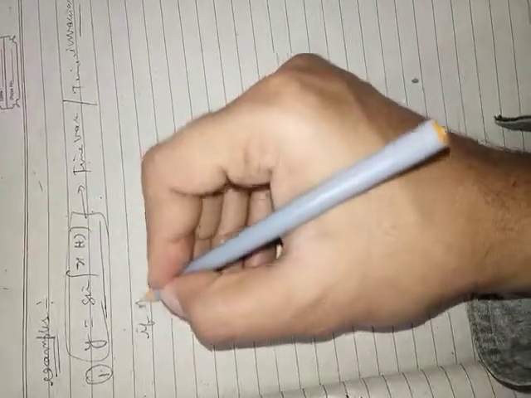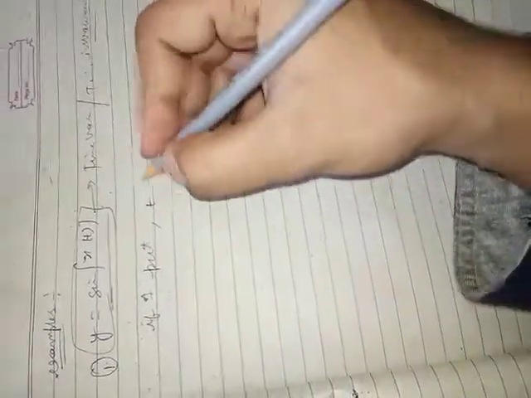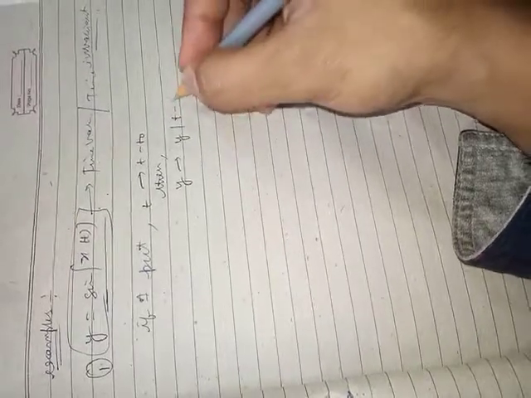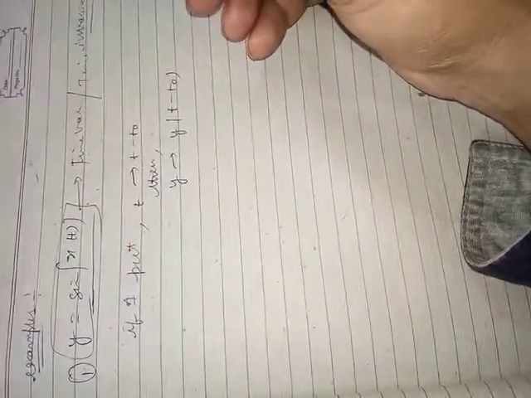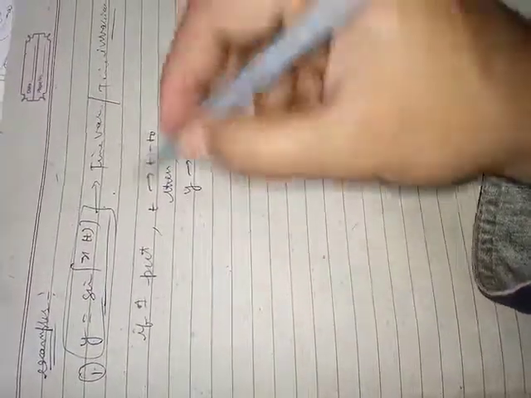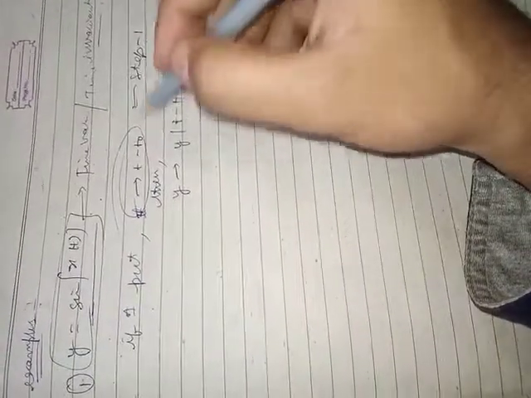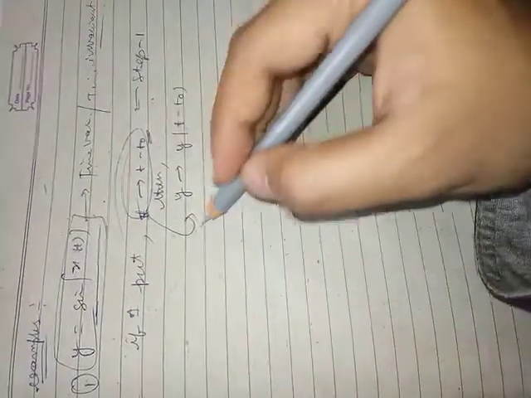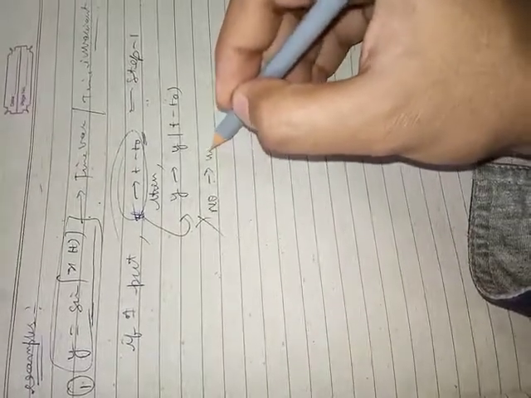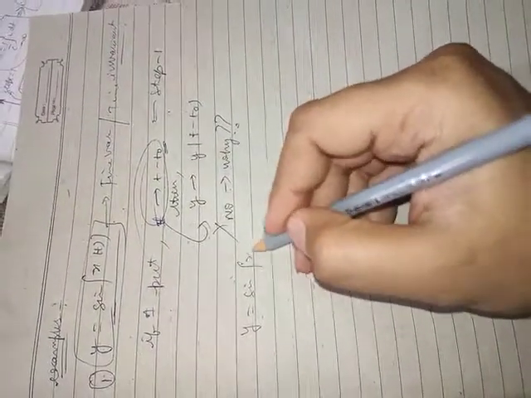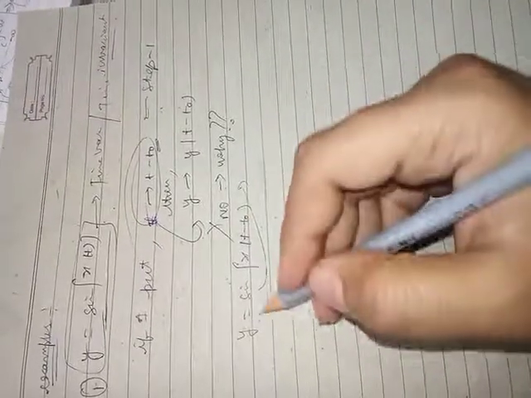If I put t as t minus t naught, will I get the shifted y?